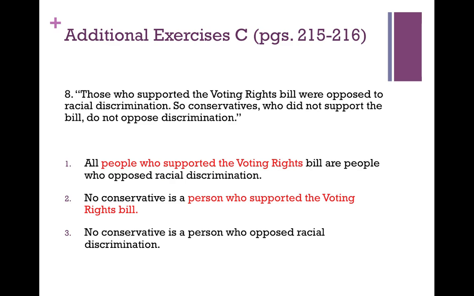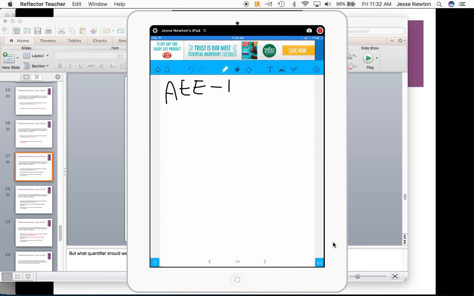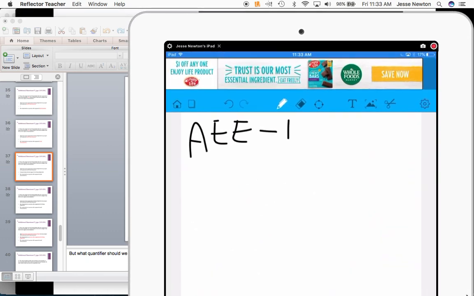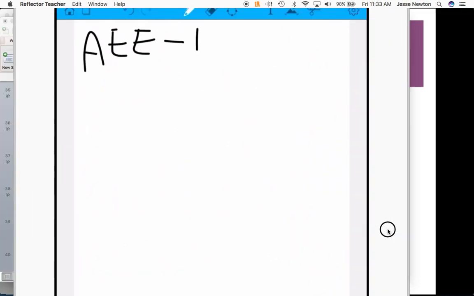So let's diagram this argument, and we can see whether or not this is valid. I don't know, what do you think? You think it's valid? I know you're hanging on the edge of your seat, aren't you?